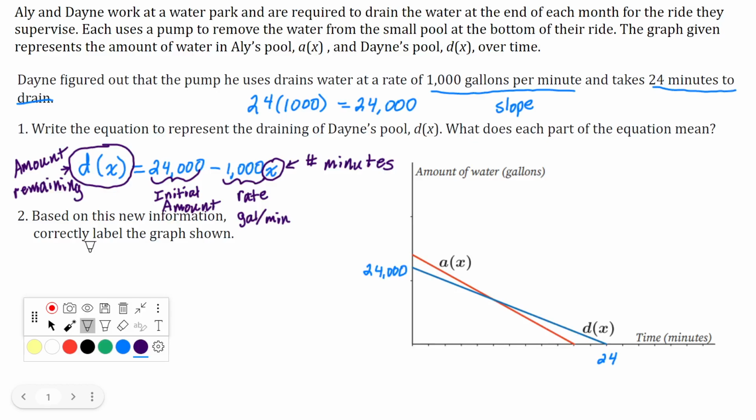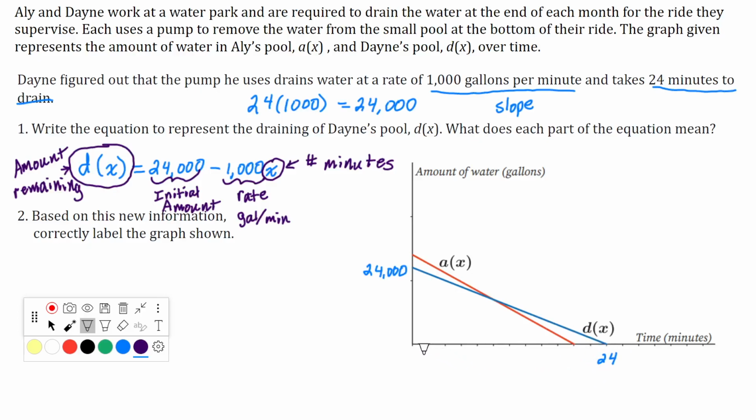Number 2 says, based on this new information, correctly label the graph shown. We have done that already. However, we can add a scale to our minutes. So if I look at how many markings there are till I get to 24 minutes, that's 1, 2, 3, 4, 5, 6, 7, 8, 9, 10, 11, 12.